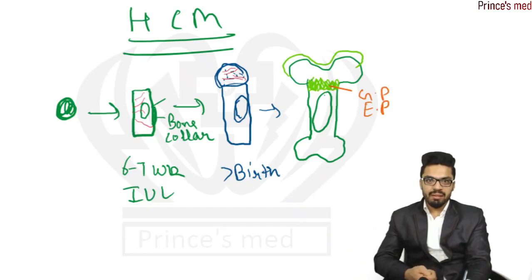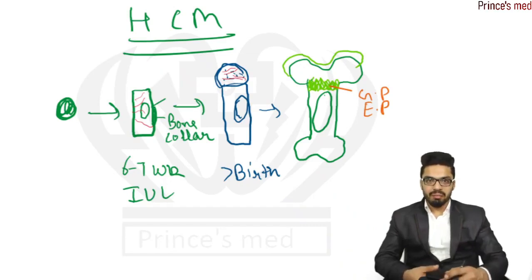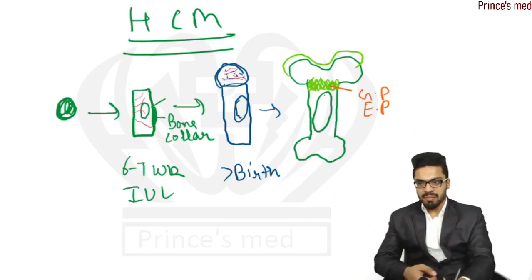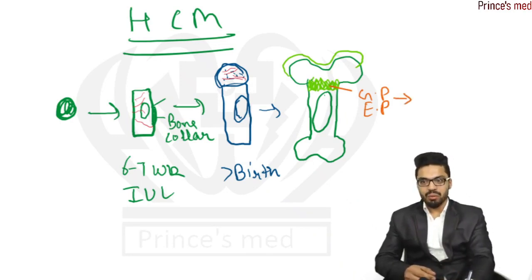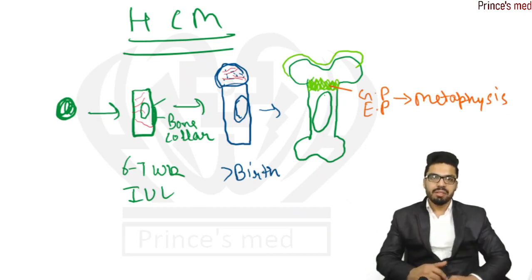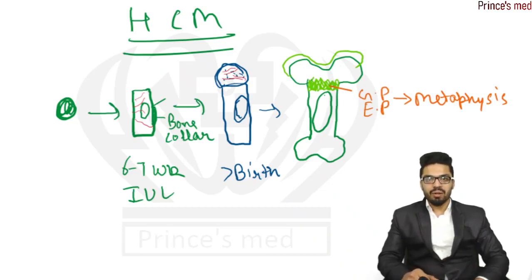These are the growth centers, where mainly bone growth takes place, so this is known as growth plate. And in the adult, when all bone growth has taken place, this cartilage changes into metaphysis.